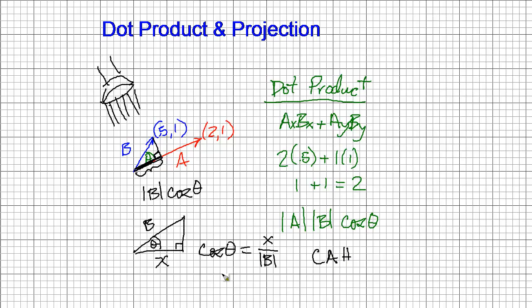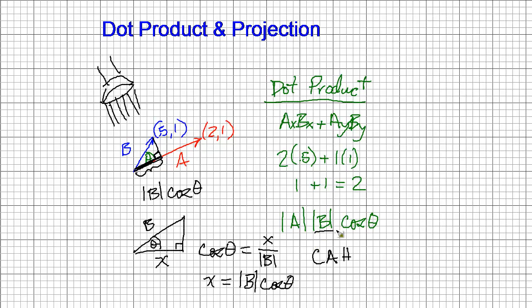Okay, so we solve for x here, multiply both sides by the magnitude of B. I'm going to reverse the sides of the equation here. So the unknown value x is actually the magnitude of B cosine of theta.